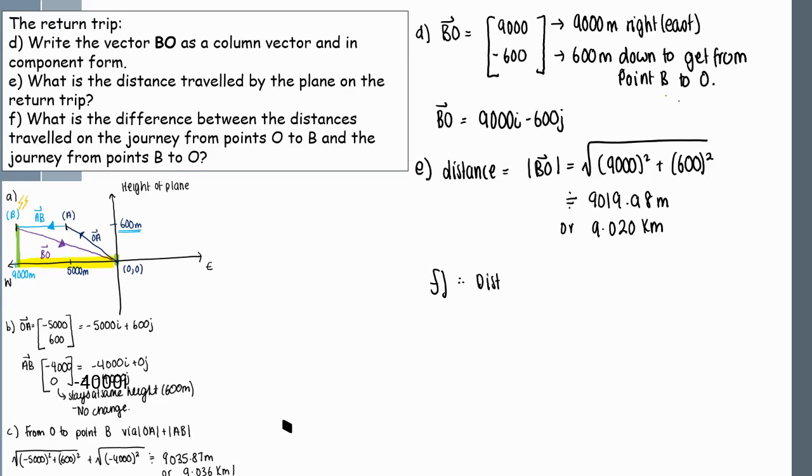Final part, we've got to calculate the difference in the distances traveled when the plane was going to point B and then back from point B to O. Just subtract our distance from O to point B, which was 9.036 kilometers or 9,035.87 meters, with the distance from B back to O. So we're going to subtract 9.020 kilometers or 9,019.98 meters.